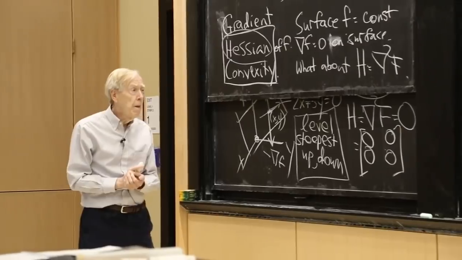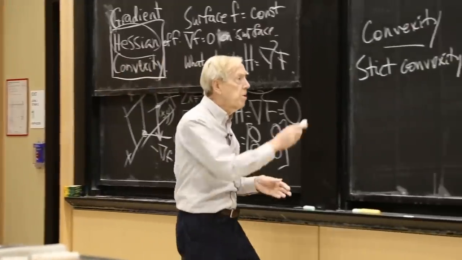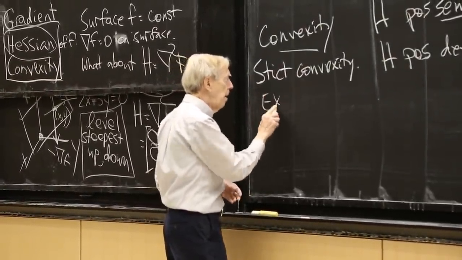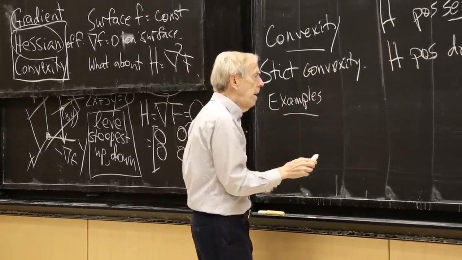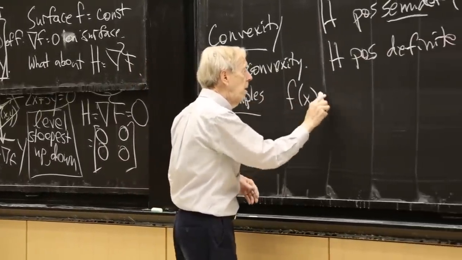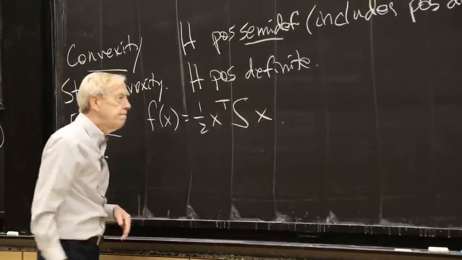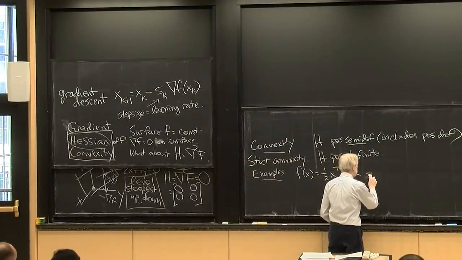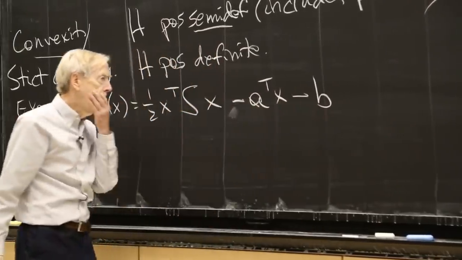Good. Some examples. Okay, the number one example, of course, is the one we're talking about over here. f of x equal 1/2 x transpose Sx. And of course, I could have linear terms, minus a transpose x, a linear term, and I could have a constant term.